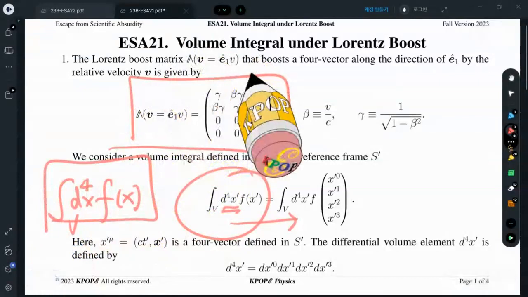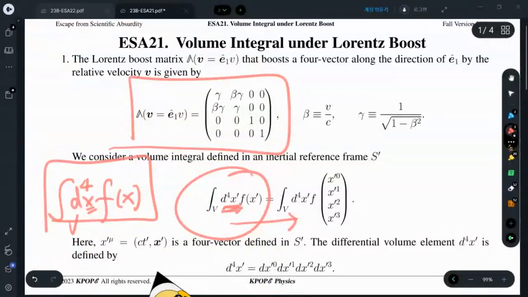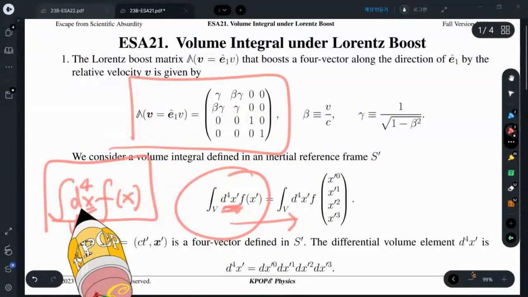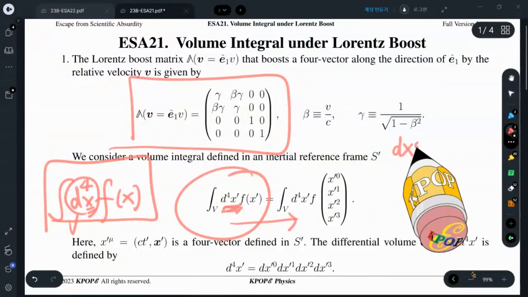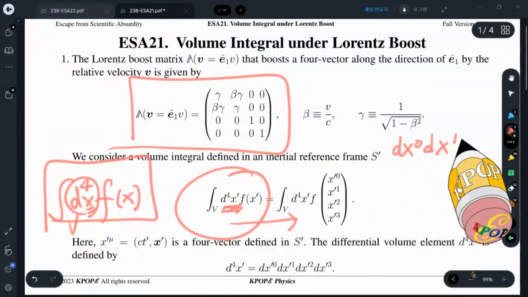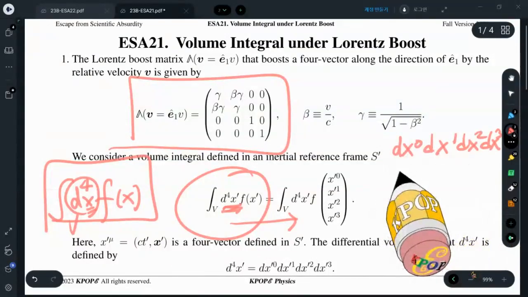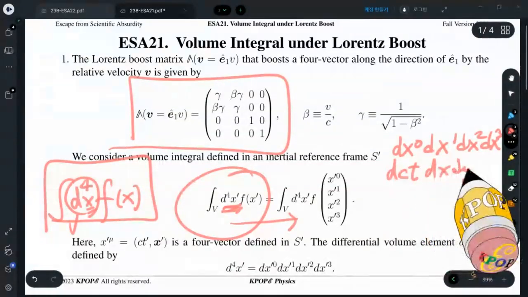After the Lorentz boost, the coordinates will be transformed in such a manner. Let's see. What is it? It is dx0, dx1, dx2, dx3, or dct, dx, dy, dz.